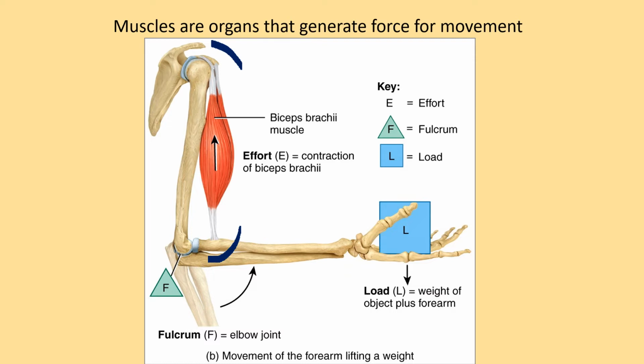And when a muscle contracts, it shortens and it pulls on its sites of attachment. So when the biceps brachii contracts, it's going to generate tension that will pull the radius toward the scapula, as indicated by this arrow here.